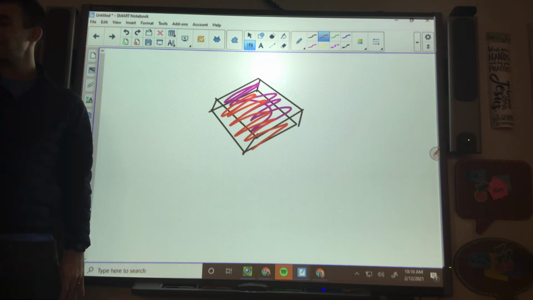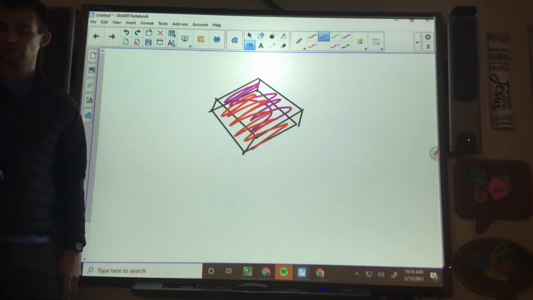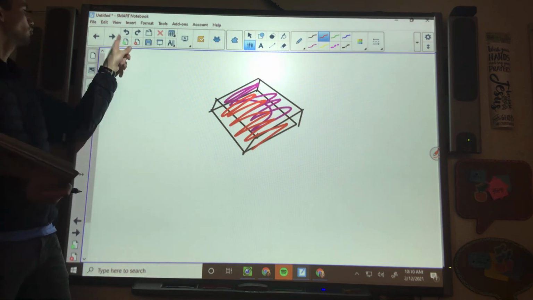Lines, or edges. Edges, yep. And how many faces? Nope, 2 bases. How many faces? 6. Yeah, 6. Alright, on to pyramids.